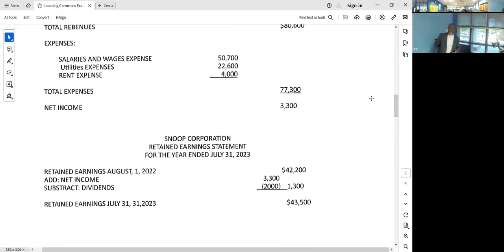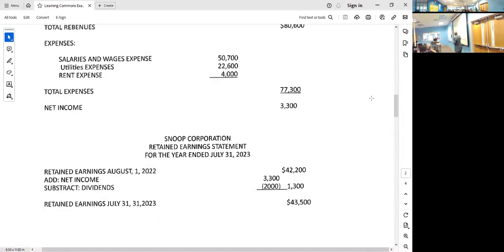See that? Is that what y'all got? The beginning retained earnings, we pull the net income down, we add it. Now, if that was a net loss, we would subtract it.